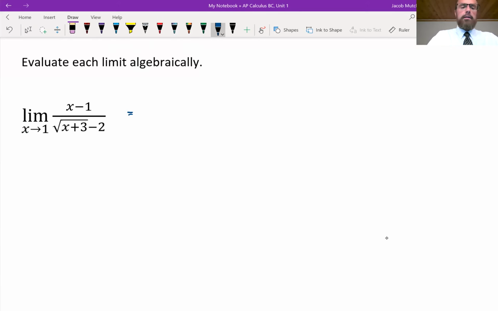So I'm going to put 1 minus 1 in the numerator over the square root of 1 plus 3 minus 2 in the denominator. So that becomes 0 over square root of 1 plus 3, which is the square root of 4, which is 2. 2 minus 2 is 0. And that's an indeterminate form.